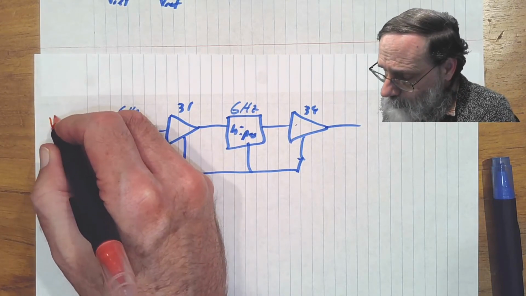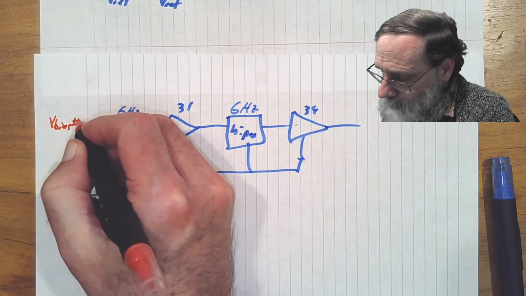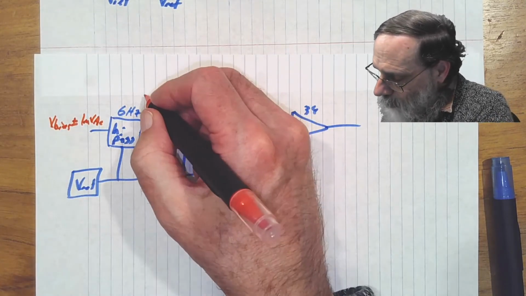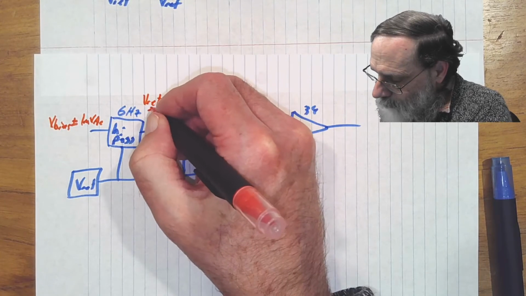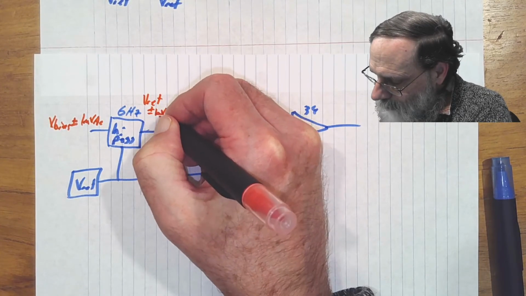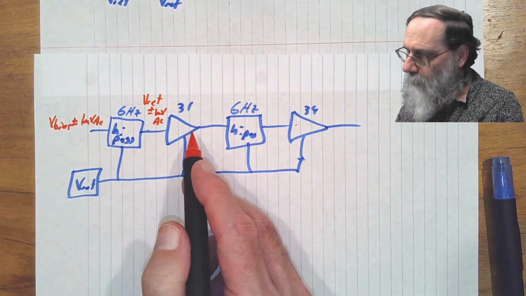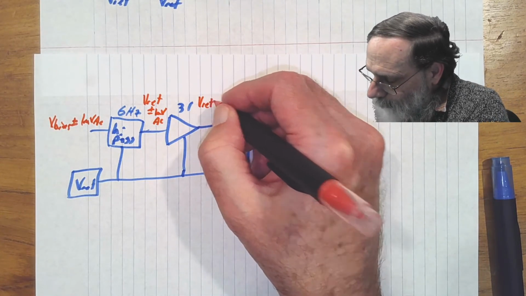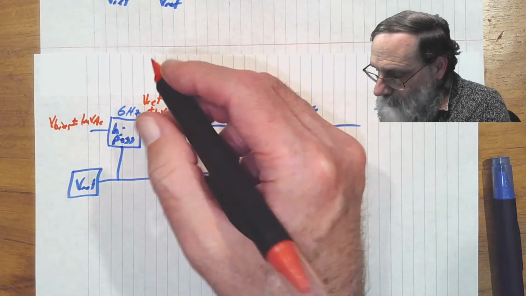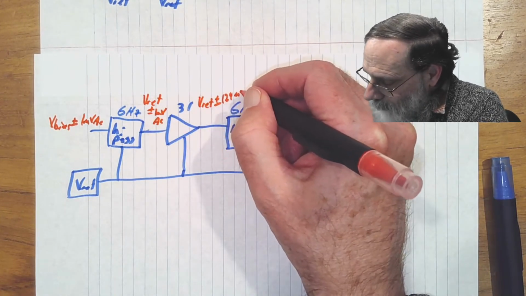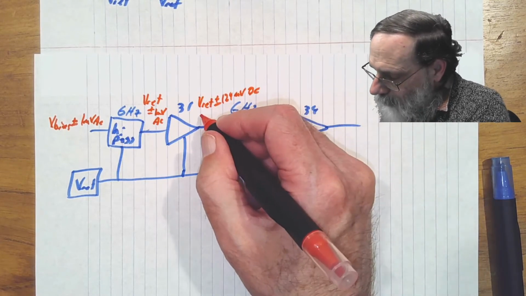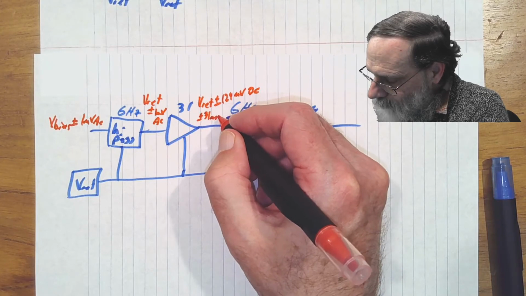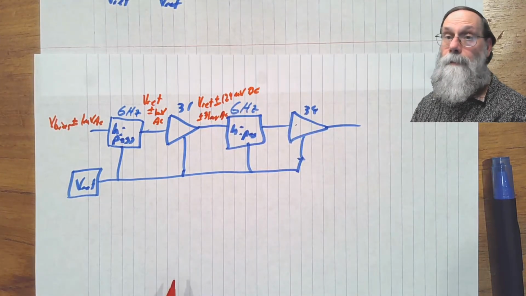So this one was V bias plus or minus 1 millivolt AC. After the high pass filter, we have Vref plus or minus 1 millivolt AC. After the 31 times gain, we have Vref plus or minus 124 millivolts DC plus or minus 31 millivolts AC.